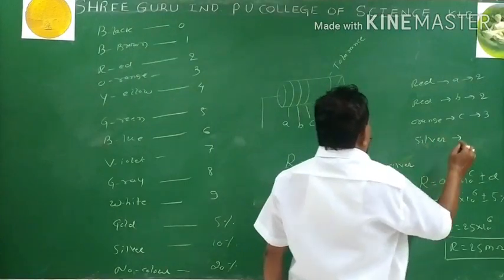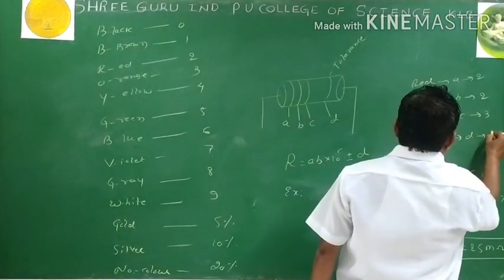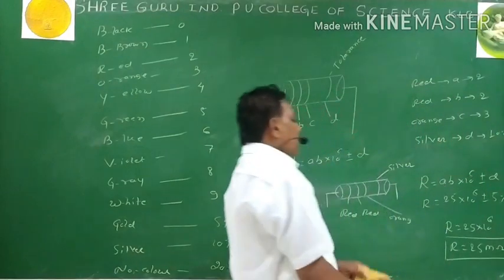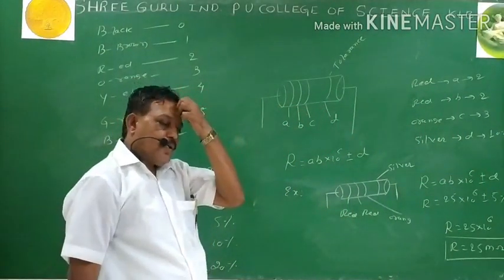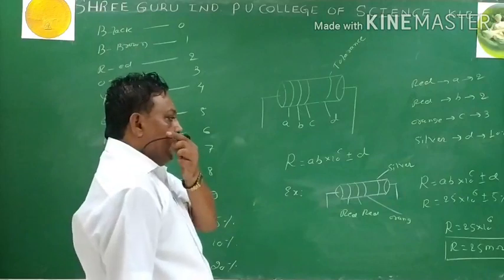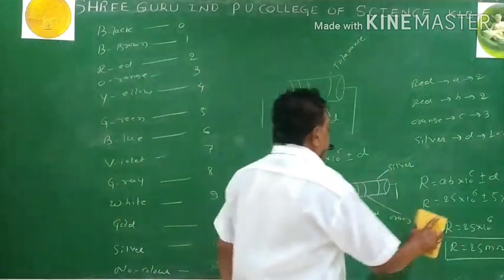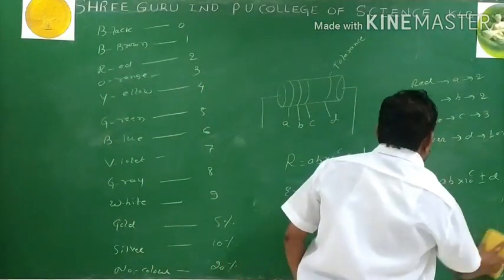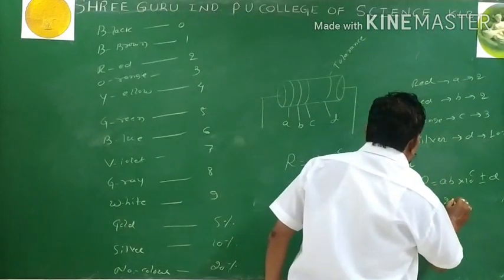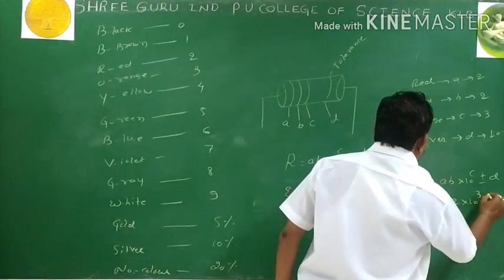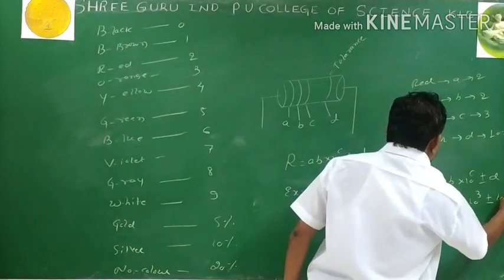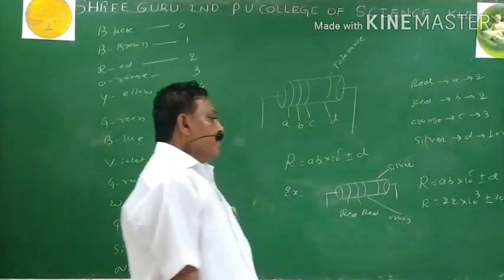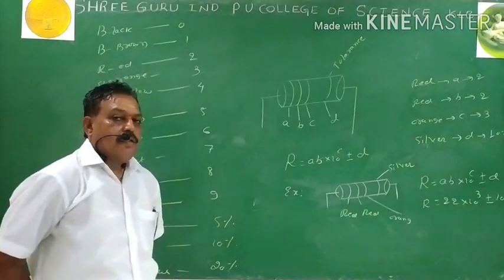Shall I go for that? 10%. Then once again I use the same formula. Then I substitute the values of A, B, C and D respectively. Then I go for substitution: 22 into 10 to the power of 3 plus or minus 10%. Now this is our equation for the resistance.